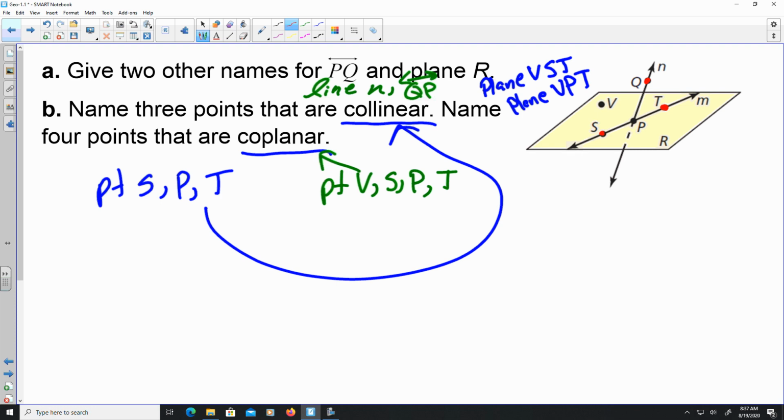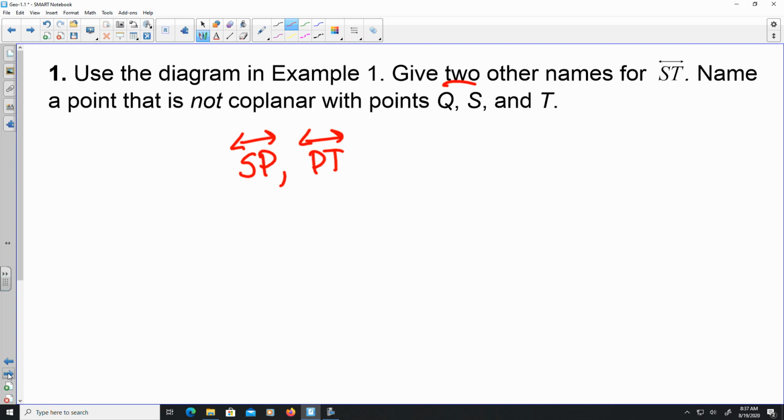What you have to do is imagine taking a piece of paper and placing it on those points. So the point that is not coplanar is going to be point V. By definition, it's not part of the plane.